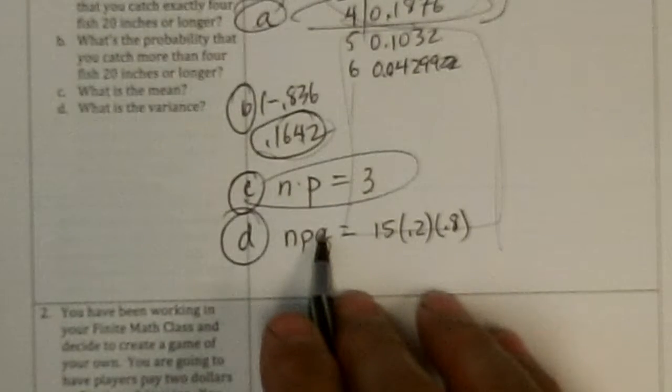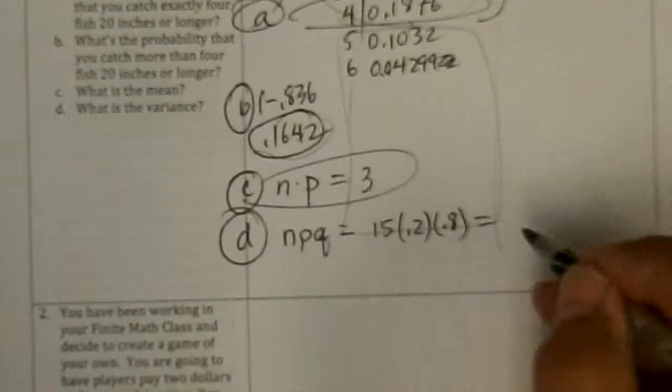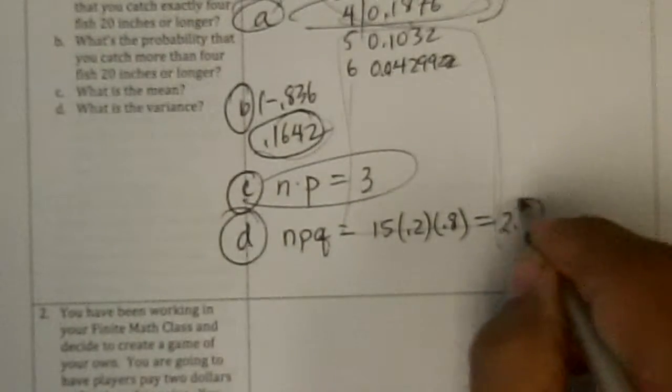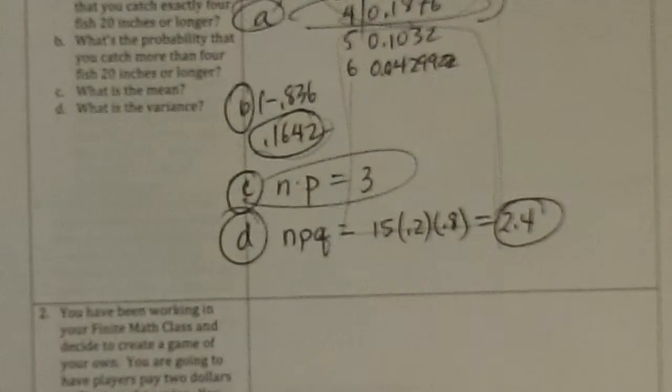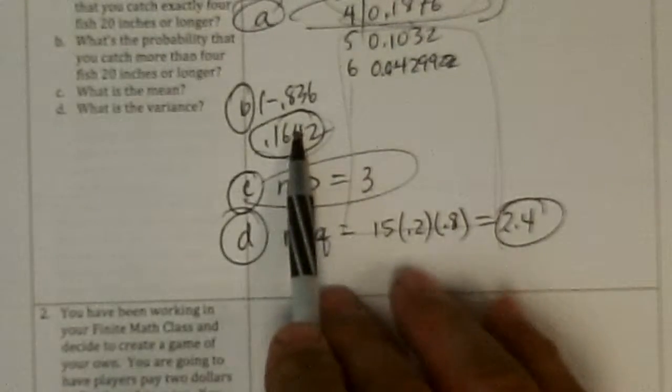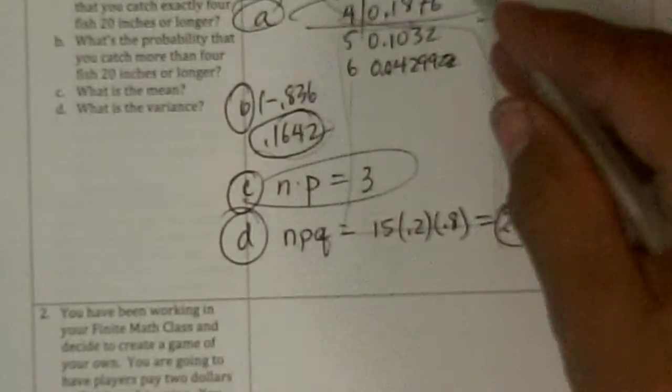It's 1 minus p. And that turns out to be 3 times 0.8, which is 2.4. So if you use the calculator or the table, you didn't have to do these.